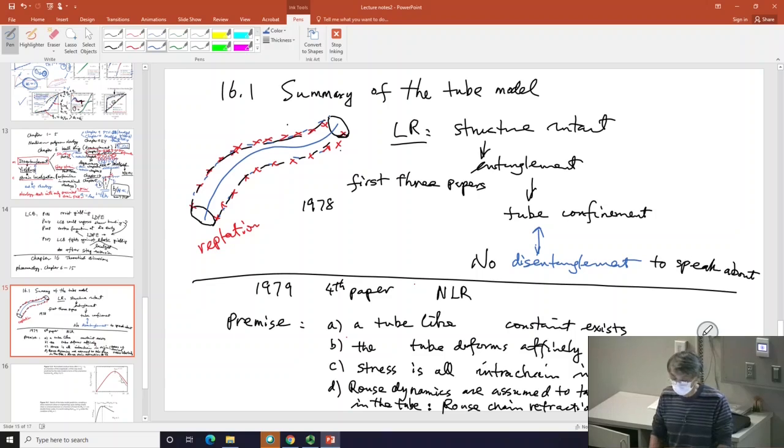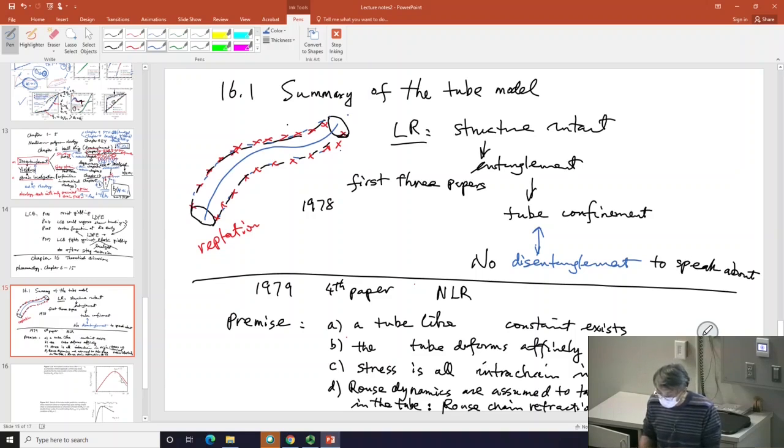And all the quantities can be calculated from the behavior of just this one test chain. So that's the tube model. We of course have to look at how it's being constructed in order to compare this with any other type of theory, and certainly to see whether this theory is able to handle the phenomenology we went through.